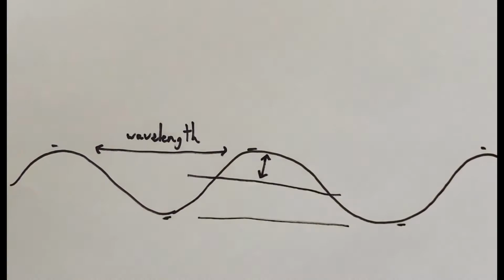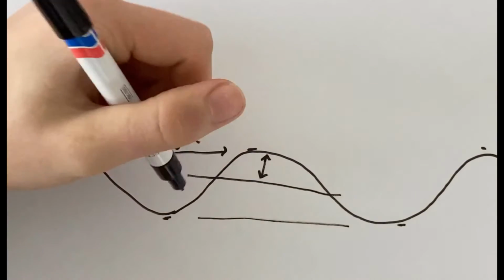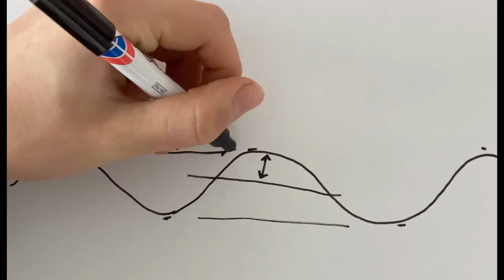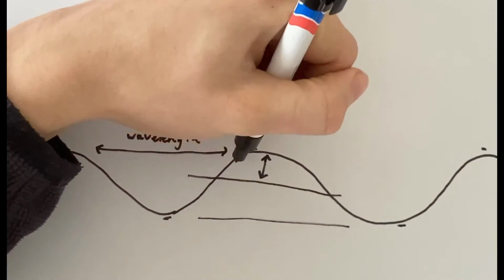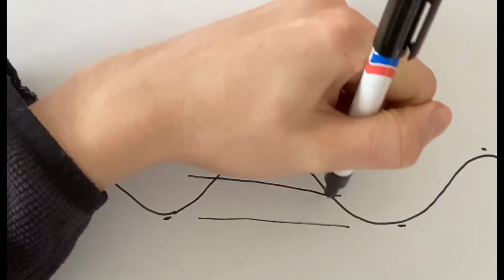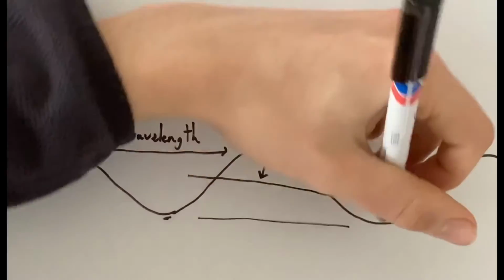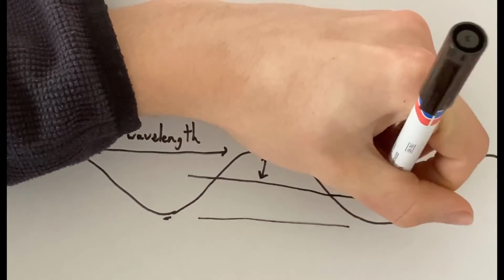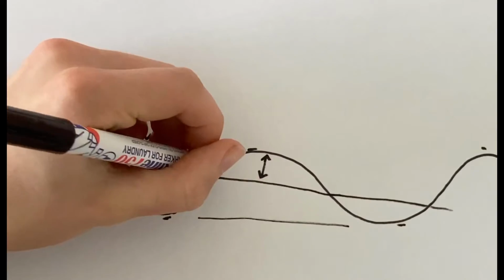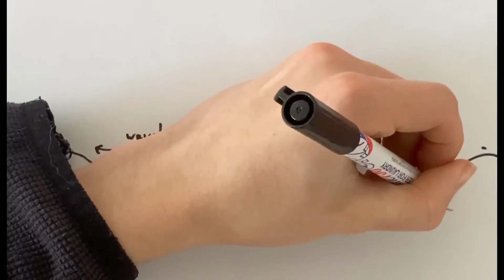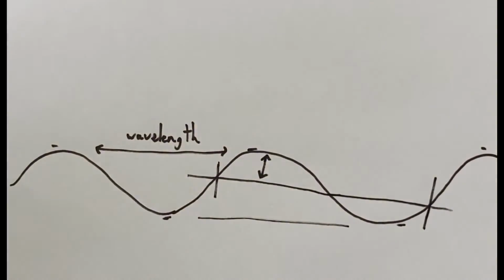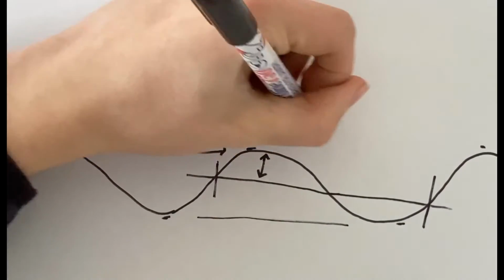Now, one cycle of a transverse wave is measured from where the wave goes from, let's say, above this line, down, and back up, passing through this line again. So from there to there is called one cycle.